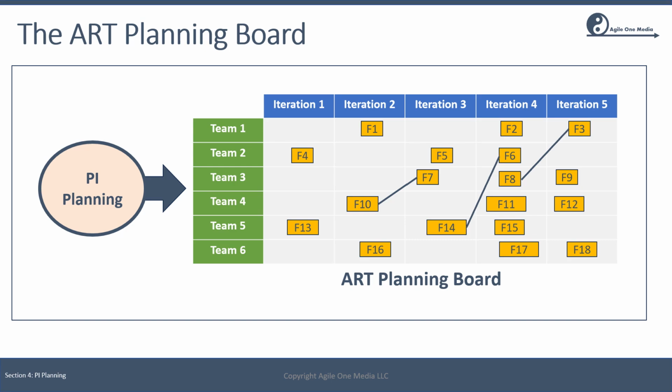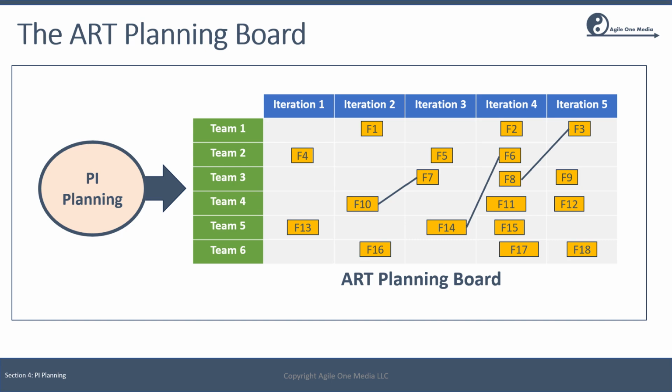In the example shown here, we have 6 teams, 5 iterations, and 18 features. Dependencies are indicated by the lines connecting the features. For example, feature 7, which is owned by team 3, has a dependency on feature 10 from team 4.